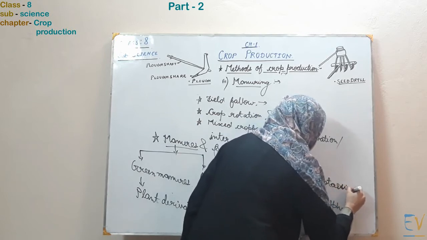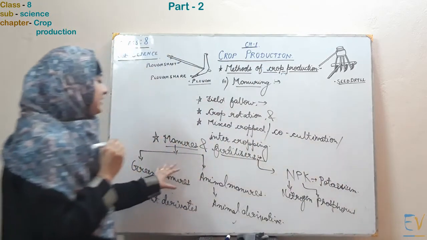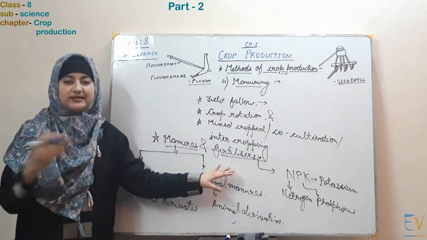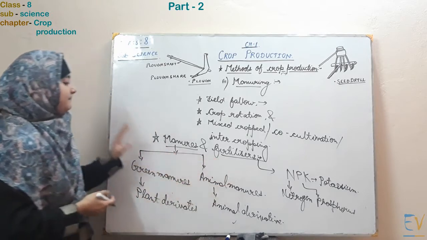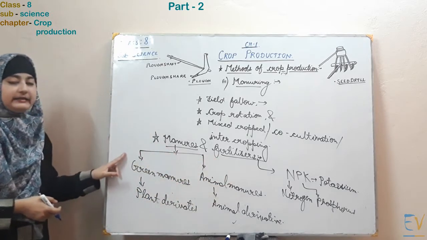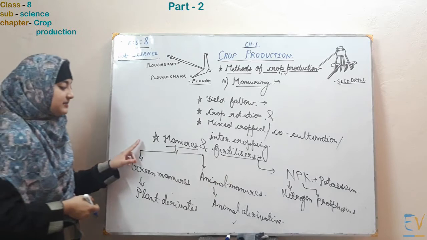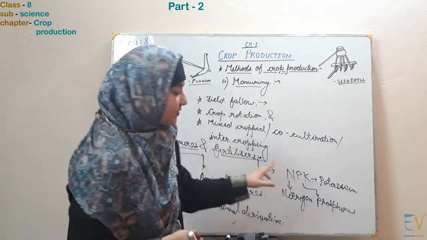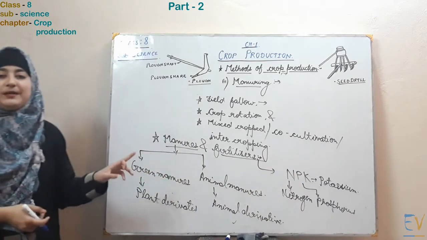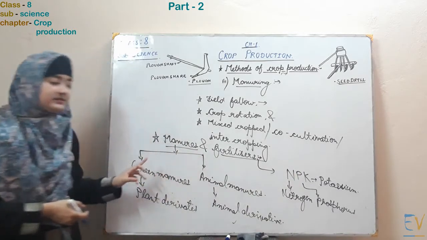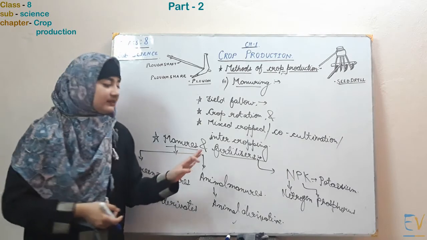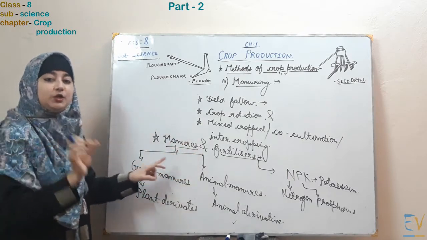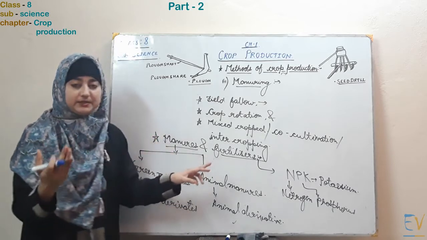Okay, now see, there are a few differences between manures and fertilizers also. Now what are these? Let's see one by one. Manures are organic substances, while fertilizers are inorganic substances. Okay, now the second difference is, manures do not contain any inorganic salts, but they contain humus which helps in enhancing the fertility of the soil.